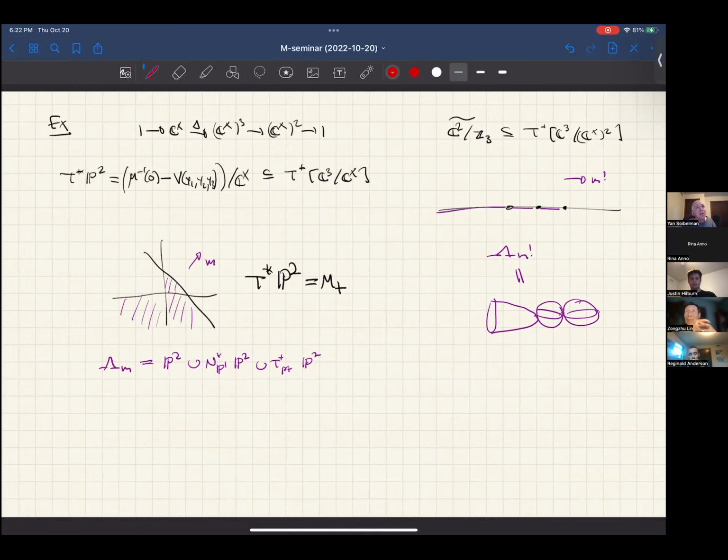Instead of this cross of two lines, you have C stars, and mathematically I do not see any problem with defining, I don't know, the Fukaya category or analogs of microlocal sheaves. So everything is fine. Maybe it's not good for physicists, but mathematically it's fine. And I'm just curious what would be.